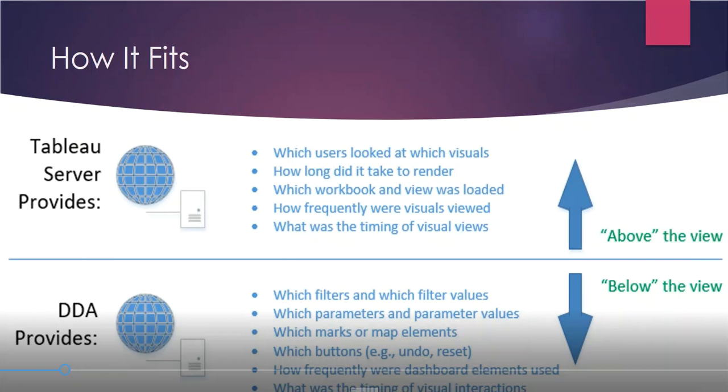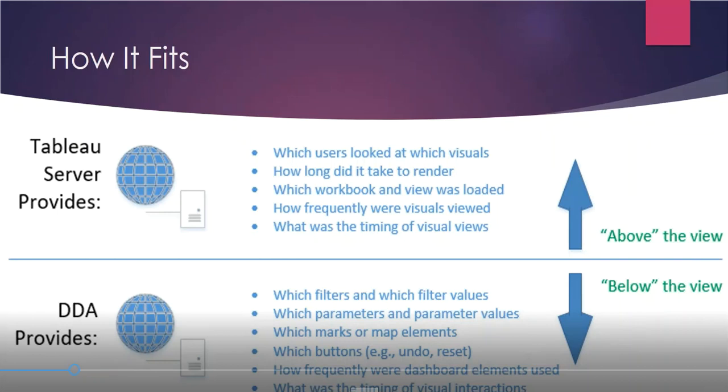These would be the things that your content creators built into the dashboards. That could be filters and which values they picked, parameters and the values they picked. It could be marks that they've selected in the scatter plot, for example, or what buttons they clicked as far as undo, reset, etc. It also records it all as what's called clickstream data.